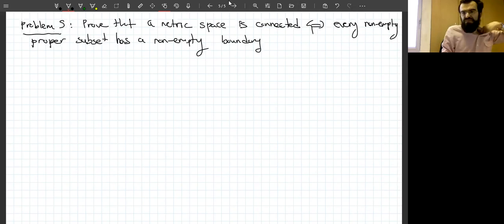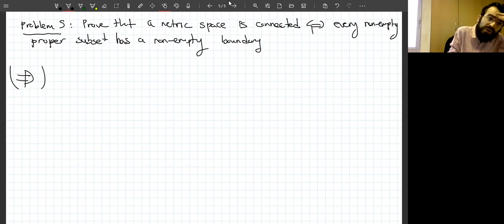Okay, we need to show the left-hand side implies the right-hand side first, then the right-hand side implies the left-hand side. Solution.